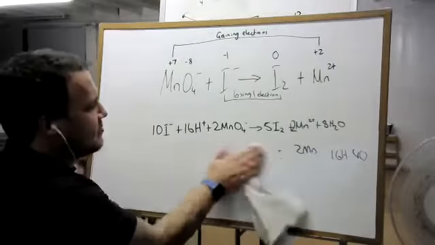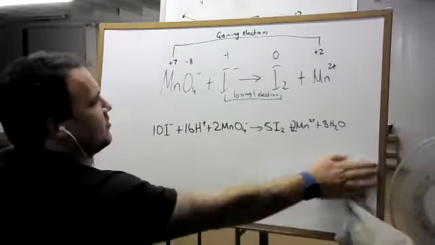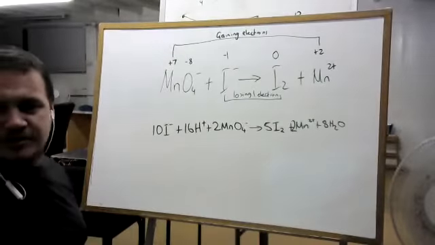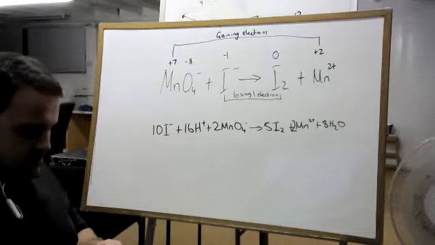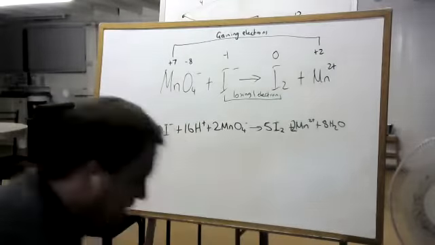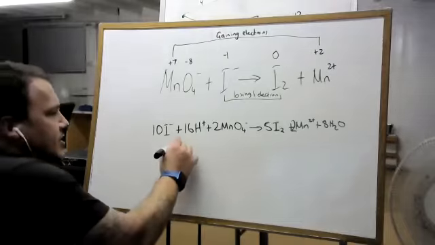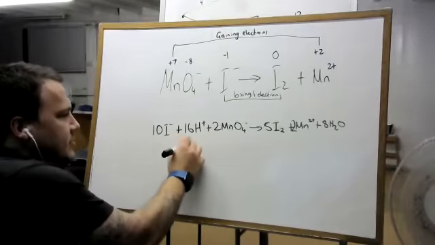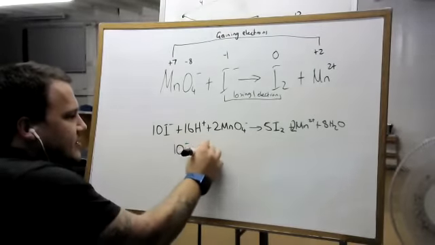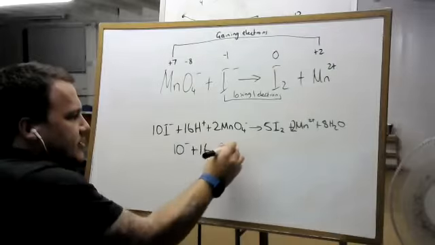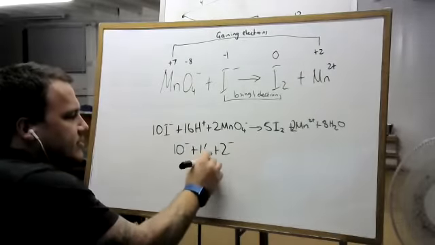But what we also need to balance is the charge on both sides. So we go back to grade 8 maths when we learned about the negative number laws. So we have 10 minus plus 16 plus 2 minus, which gives us plus 4.